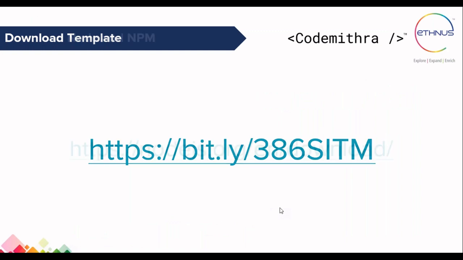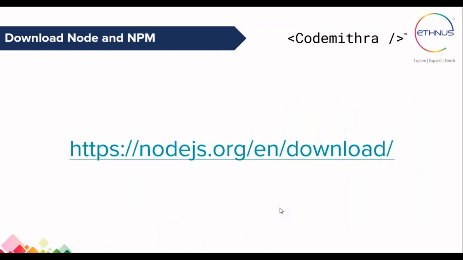How do we do that? In order to download Node and NPM, this is what you will have to do. Click on another link. Don't worry, folks. Again, I'm going to send this link in a PDF document. The moment you click on this, you will be able to download Node and NPM on your Windows laptop, Linux laptop, or Mac laptop, anything.